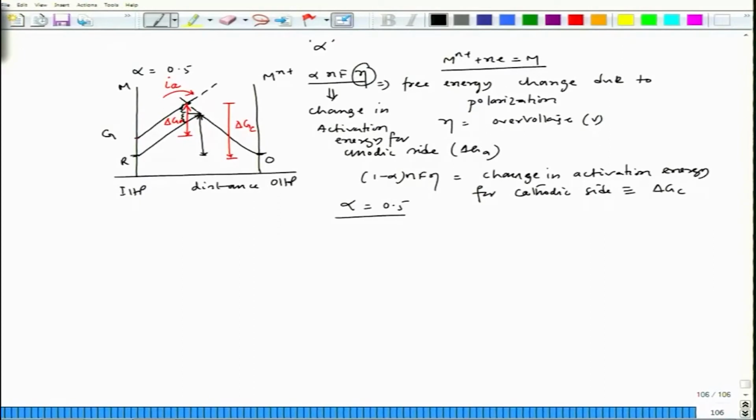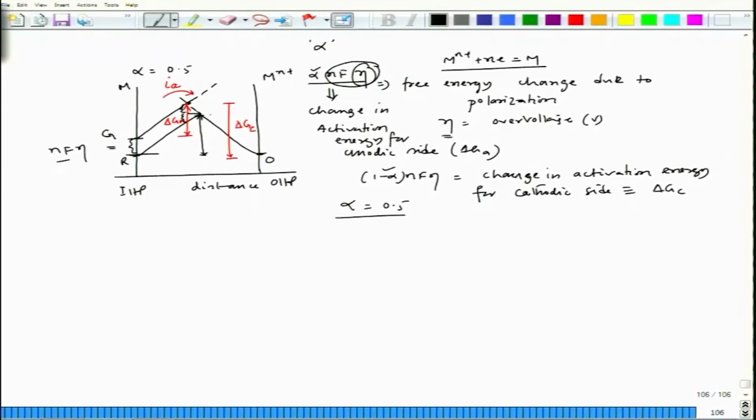That suggests that the contribution of the total over voltage or total energy change, which is this one, would be this fraction and this fraction. And now you need to know what is that free energy change due to over voltage. This is the amount of free energy change for over voltage, which is equal to nFη.